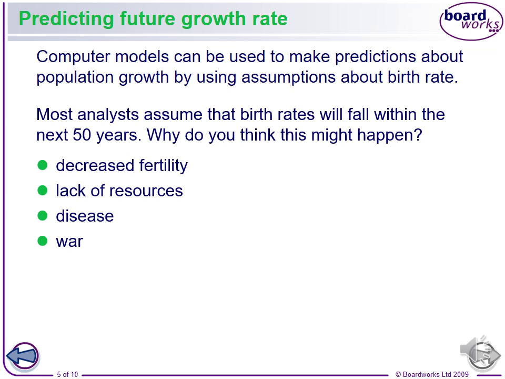Decreased fertility, well, that's for birth rates falling, but in an economically developing nation, as they have more money, more resources, then they have more children. If they don't have money, they don't want to have children. If they don't have food to feed the children, they don't want to have them.